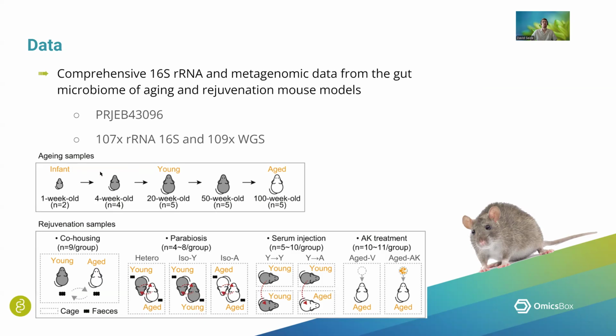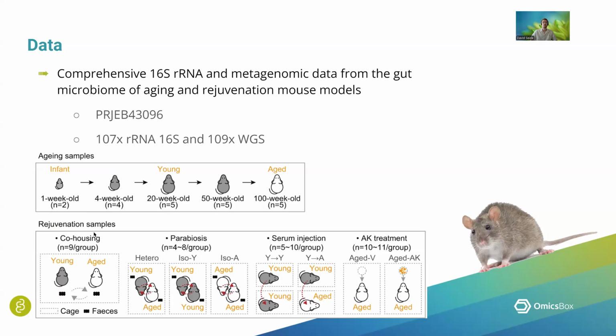There are two big groups here in their experimental design. They have the aging samples, where they sequenced after 1 week, 4 weeks, 20 weeks, 50 weeks, and 100 weeks. Here, 20-week-old mice are considered young, and 100-week-old mice are considered aged mice.